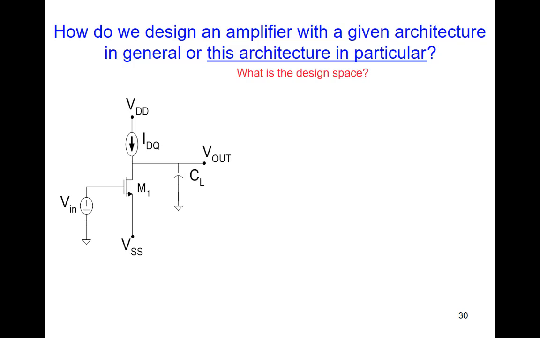So let's go back now and talk about designing this op amp. How do we design an amplifier with a given architecture in general, or this architecture in particular? I will go through details with this architecture, but what I do can apply to any architecture, whether it's single-ended or differential at the input, single-ended or differential at the output, and so forth.